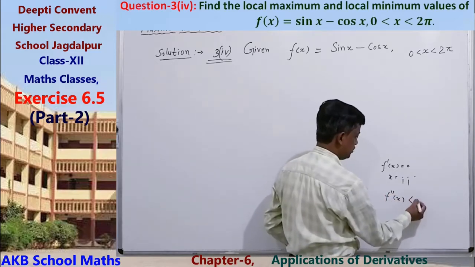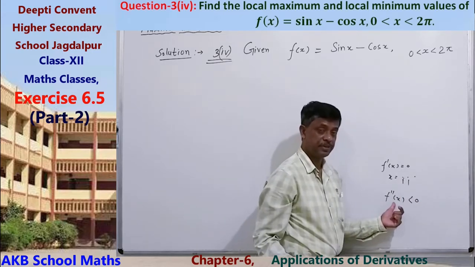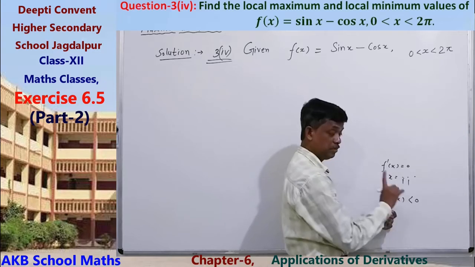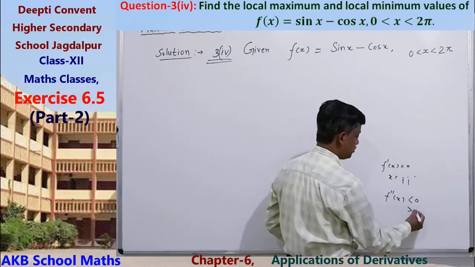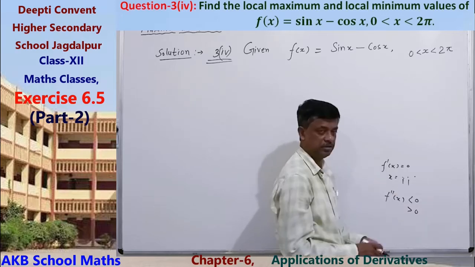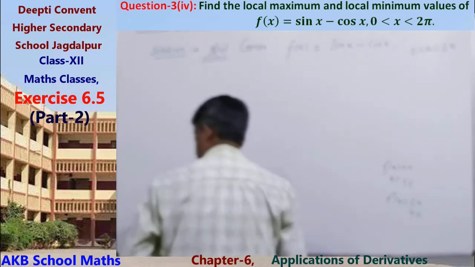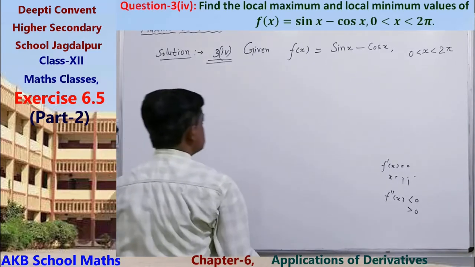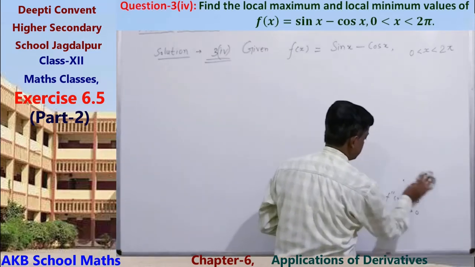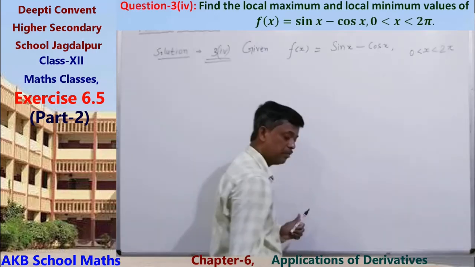If it is less than 0 at that point, then the function will be maximum at that point, and if it is greater than 0, then the function will be minimum at that point. This is our second derivative test. So for these questions we use the second derivative test for finding local maximum and local minimum values.